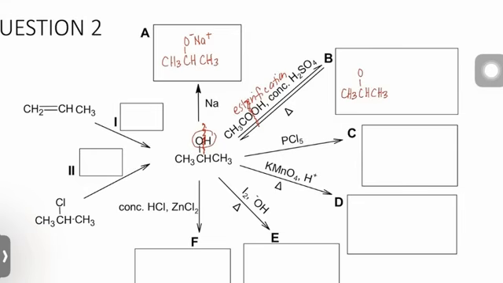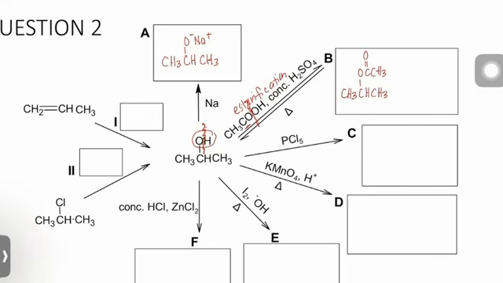Then the O of the hydroxy group now combines with the C of the C double bond O from the carboxylic acid. So this is the structure of B: the O combined with this C of C double bond O. Now we have the structure of B.